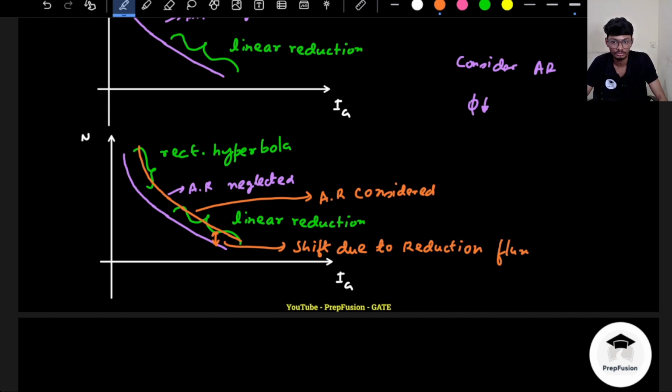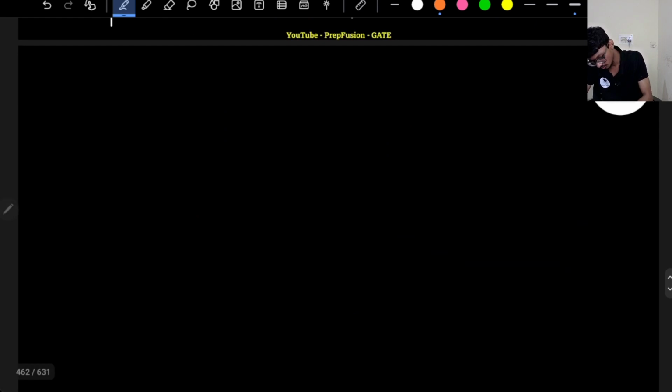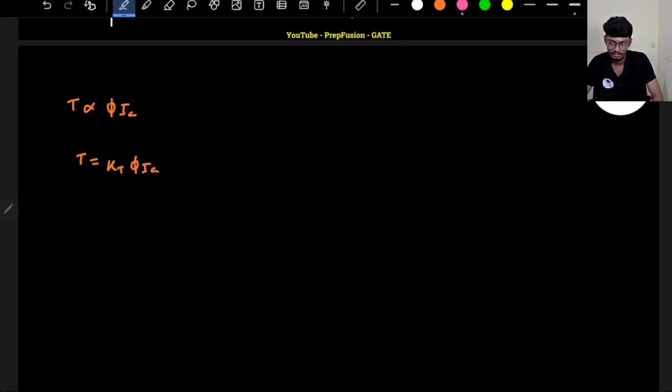Now let's discuss the torque speed characteristics. What will happen with the torque speed characteristics? In case of torque speed, what is my torque proportional to? Phi into Ia. So my torque is equal to kt into phi Ia, right? And in case of a series generator, I know my flux is proportional to the field current, which is proportional to the armature current, because the field winding and the armature are in series.